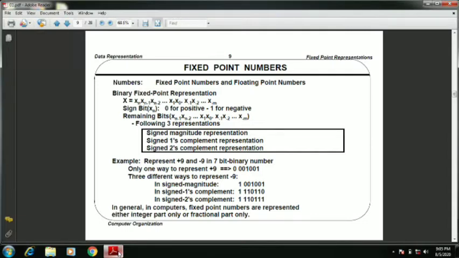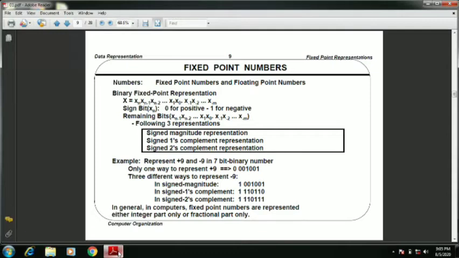Here one example is there, plus 9 and minus 9 in 7-bit binary number. So 9 will be represented in 7-bit binary form. 9 in binary form is 1001. 1001 is 9, but to represent it in 7-bit binary form you can add 3 zeros. So the first bit, that is 0, the most significant bit, is the sign bit.